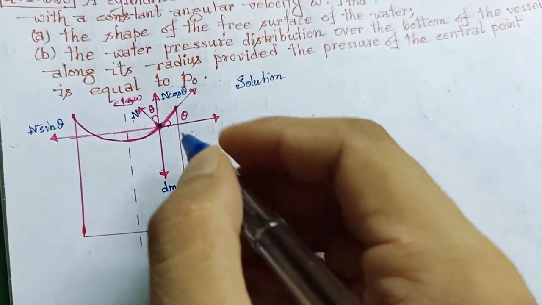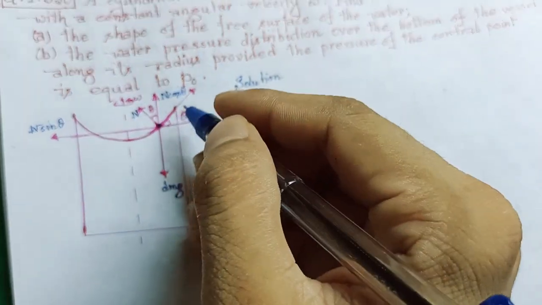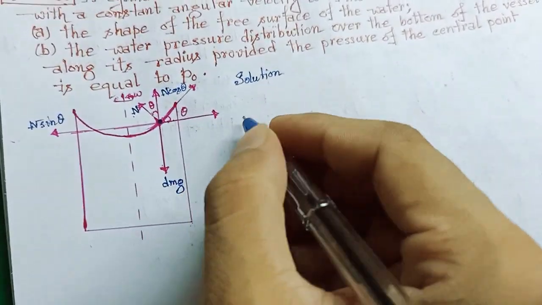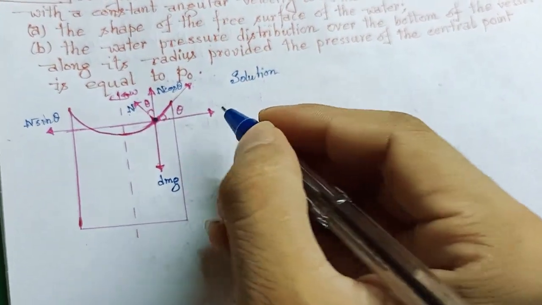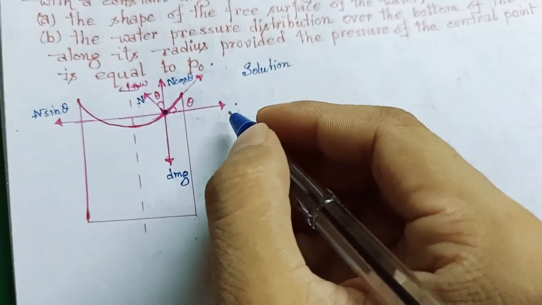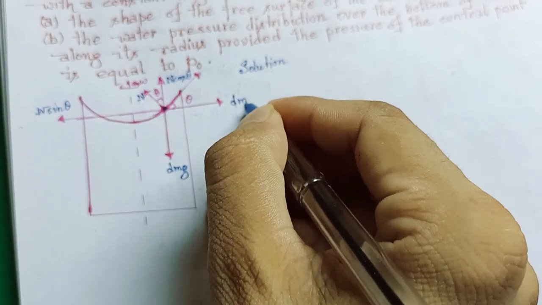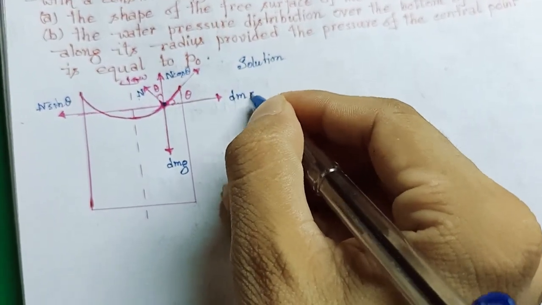Now this is the direction of the centrifugal force. The centrifugal force acting on the small fluid element dm will be equal to dm r omega square.